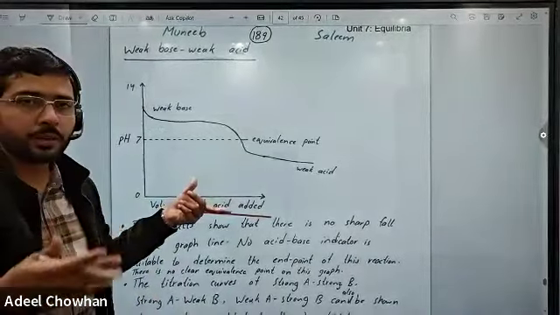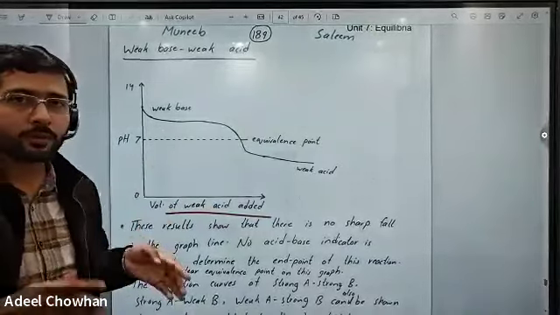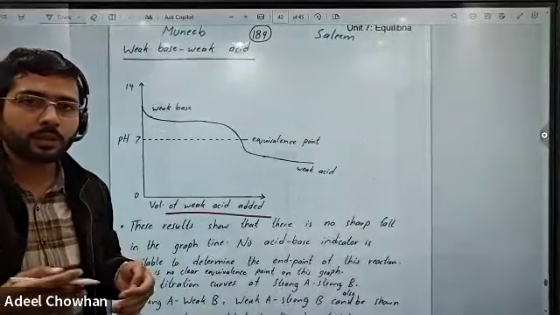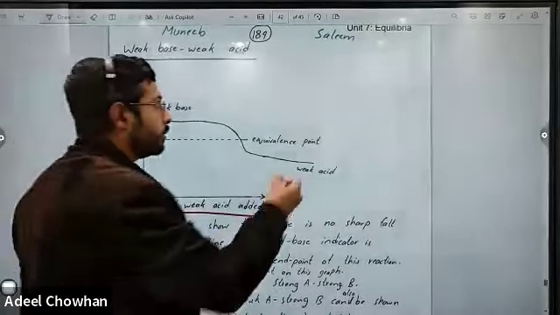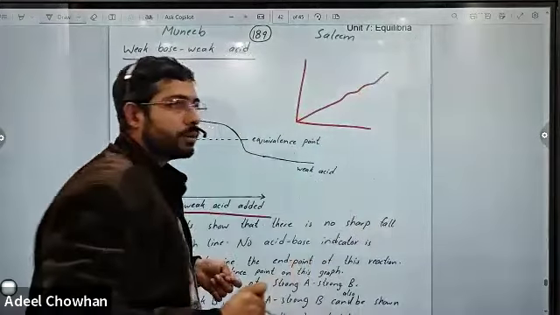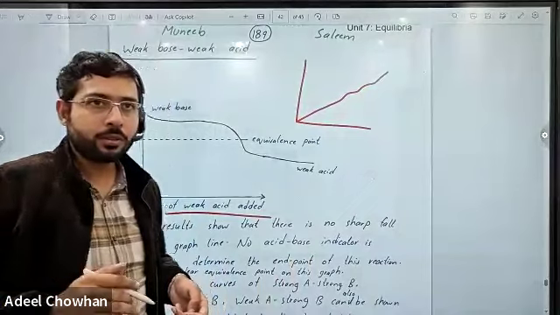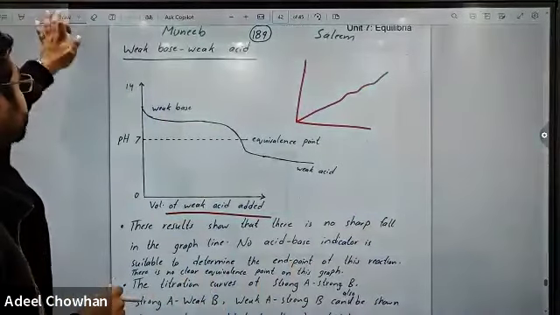The same literature was taken from the endorsed Cambridge book, in which this particular graph was clearer as compared to the other resource, in which I saw a graph like this. There was no clear indication of the equivalence region, the vertical region.